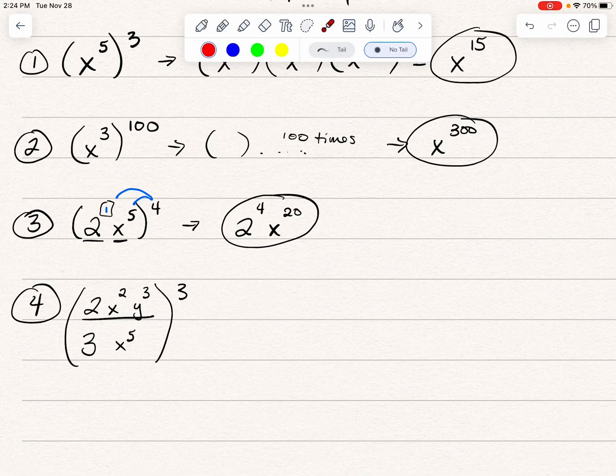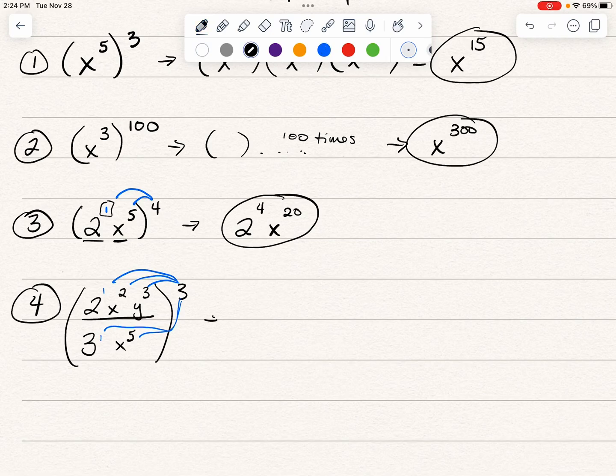So before I use the power to a power rule, I could simplify with the quotient rule right here and say 5 minus 2 is x to the 3rd power. Okay? That's one way of doing things. Or I could start with my power to a power rule and send this exponent in to each of the exponents in this problem. All right, on the top and on the bottom.